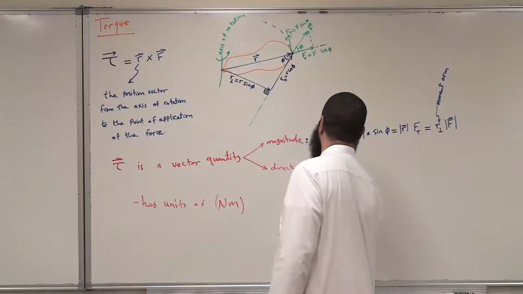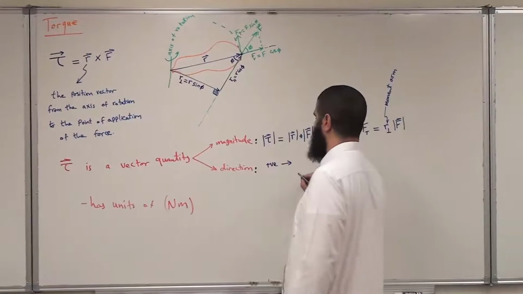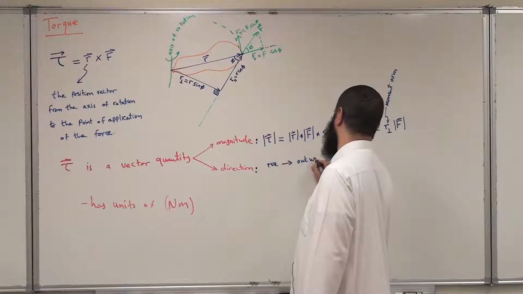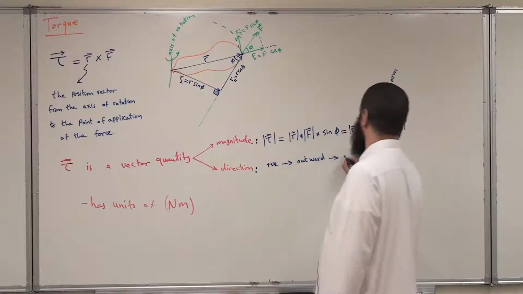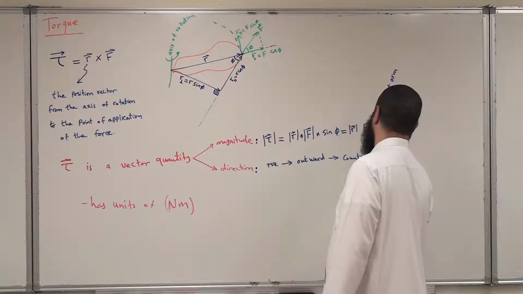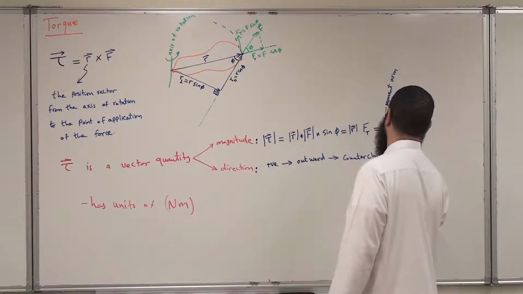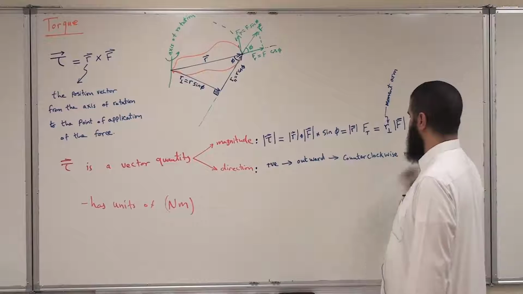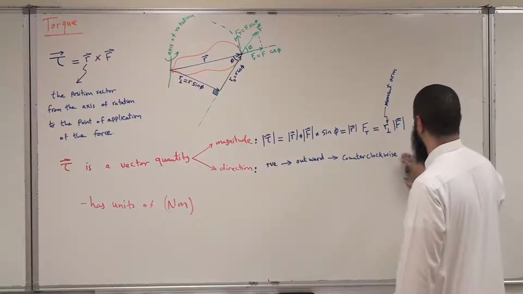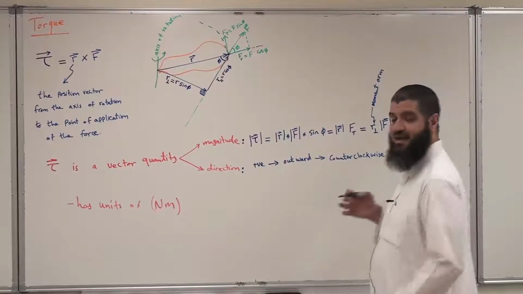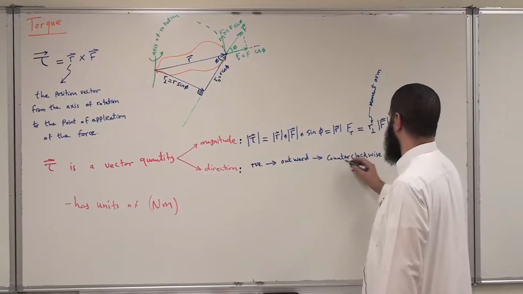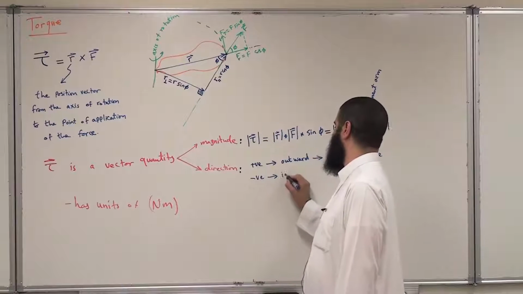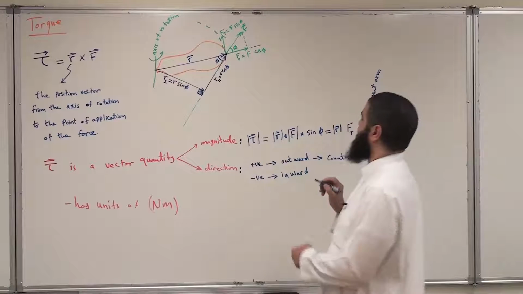It will be positive if the resulting torque is outward, or if it causes counterclockwise motion. If the resultant torque causes counterclockwise rotation or counterclockwise acceleration, as we'll see later on, it will be positive. But it will be negative if it is inward. What do we mean by inward?